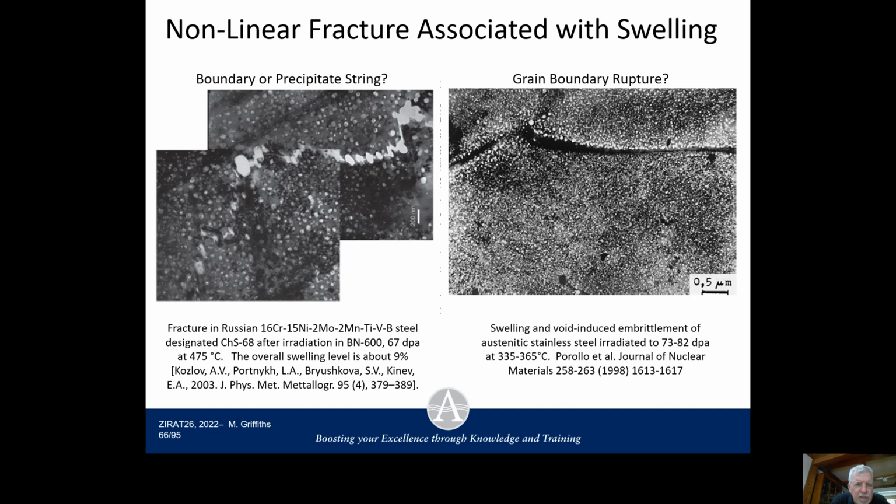But you'll notice here in this particular case, the cracking occurs in a non-linear fashion, so it can't be associated with any channel fracture, as we say. In this particular case, the cracking is occurring along a boundary. And interestingly, the authors say that the cavities are not on the boundary, but somewhat separated from the boundary, which doesn't make much sense. Right?